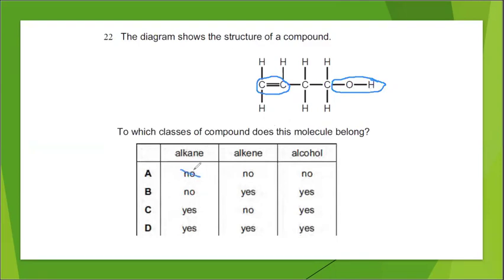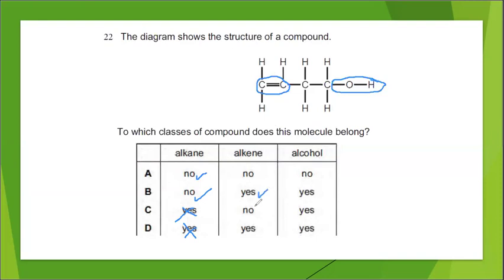Alkanes, no. So A is out and B is out. No, A and B is actually correct because they have no alkanes. So C is out and D is out. There are no alkanes. So it's either A or B. And for alkenes, there is a double bond present.